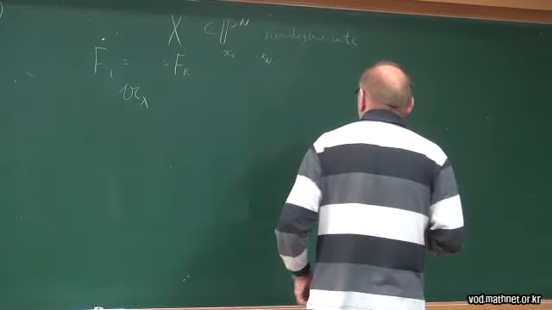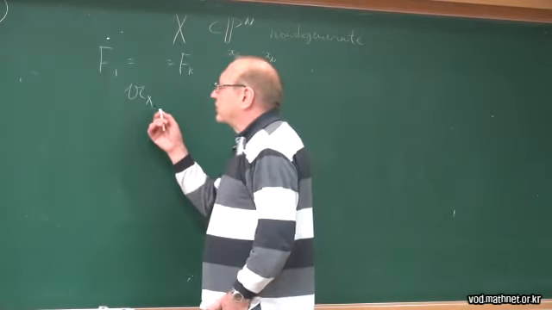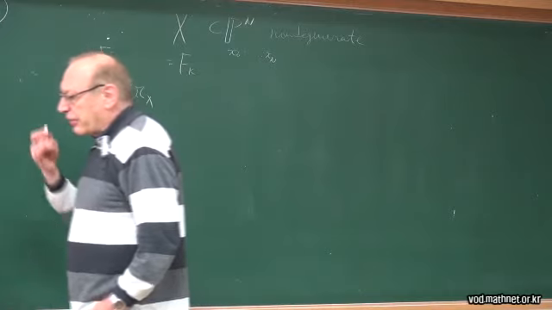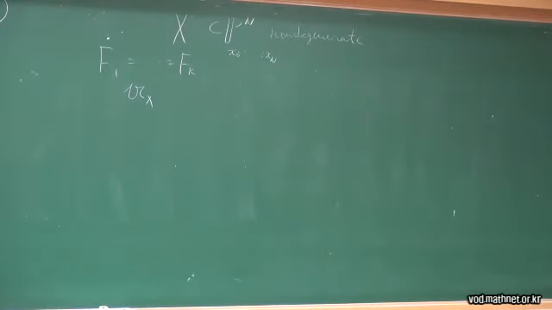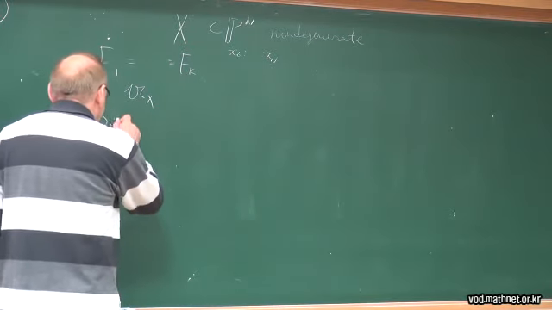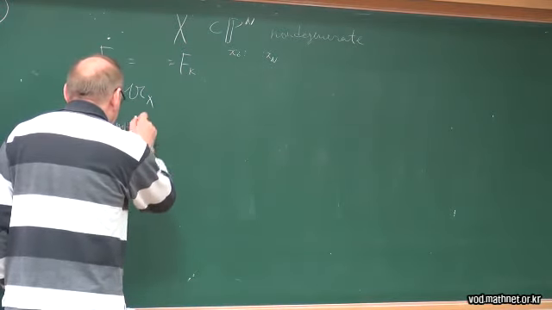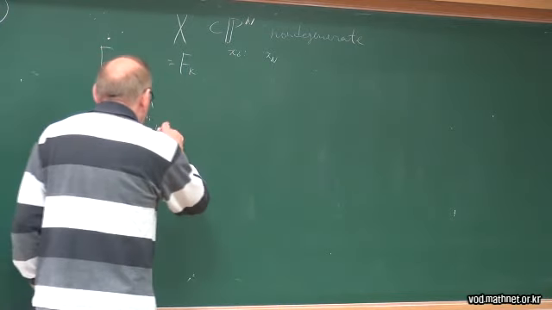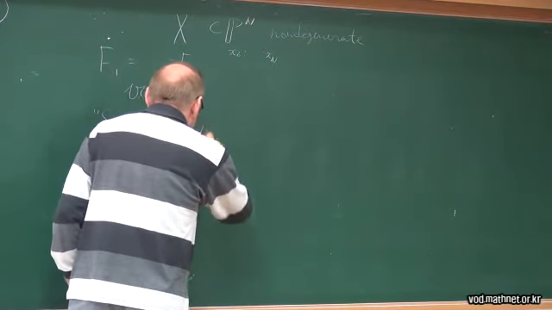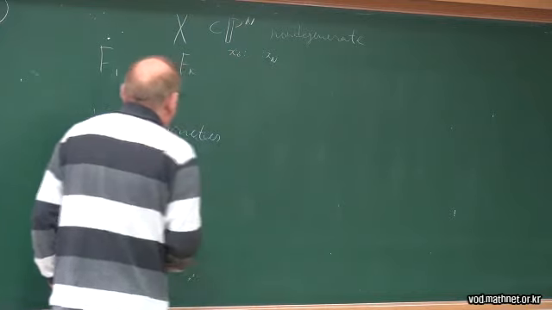From this point of view, the simplest varieties are those where there are few generators, and these are complete intersections. What is a complete intersection?